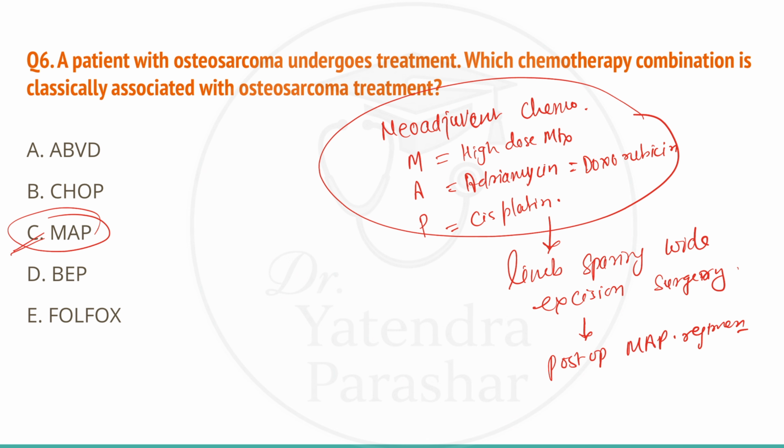However, in cases of localized low-grade surface osteosarcoma or parosteal osteosarcoma, a wide surgical excision alone is sufficient without need of chemotherapy. In cases of metastatic disease, systemic chemotherapy along with resection of the primary tumor and metastasis, if feasible, should be done, especially in cases of lung mets.